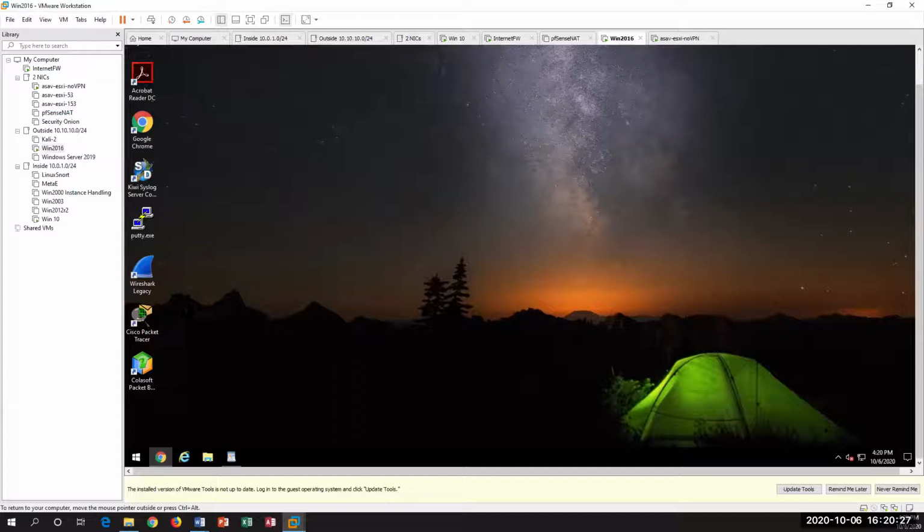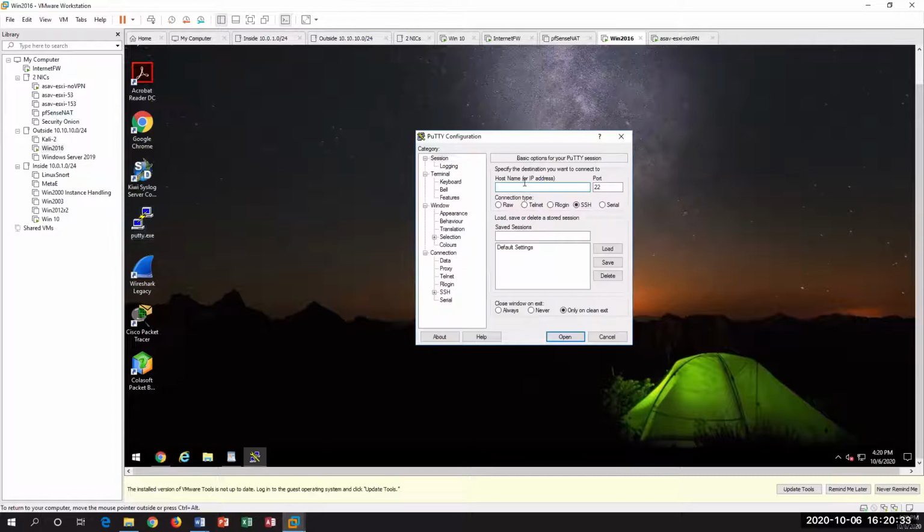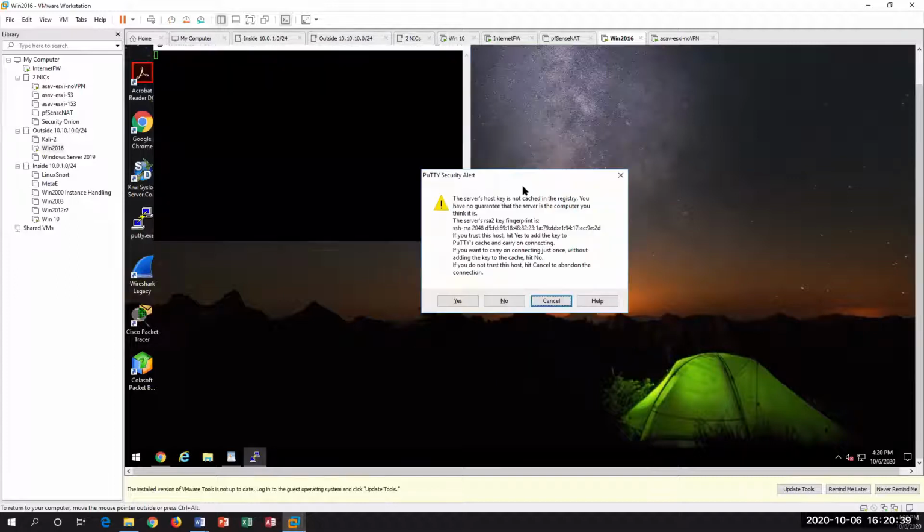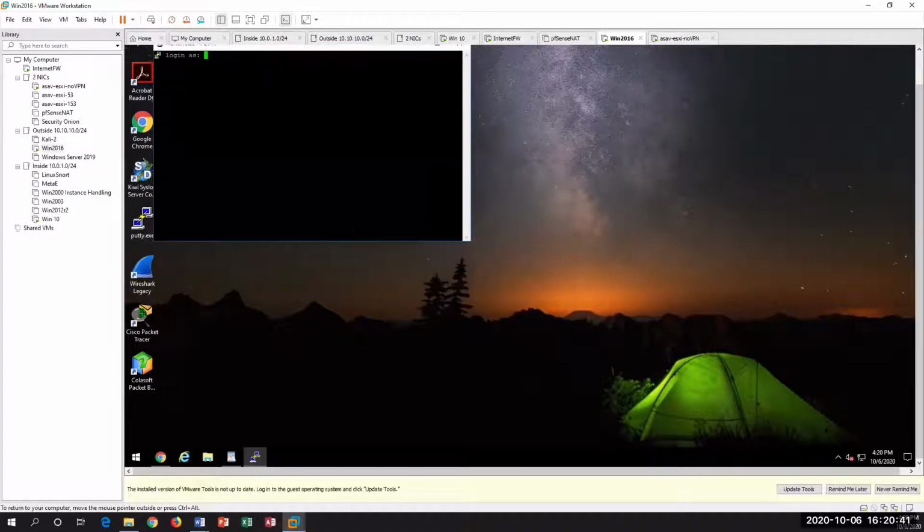So make sure I am on the 2016, and PuTTY is here, 10.10.10.53, that's the one I want. And you're going to say yes, even though you don't trust that certificate, meaning that it's a private certificate. So Cisco password, and enable has no password.